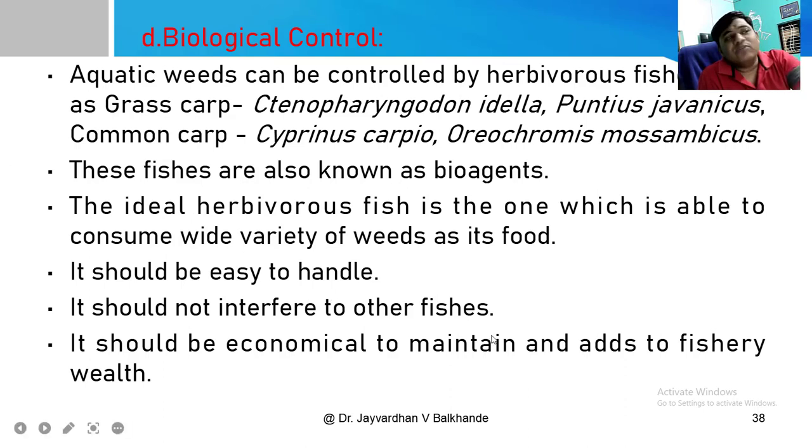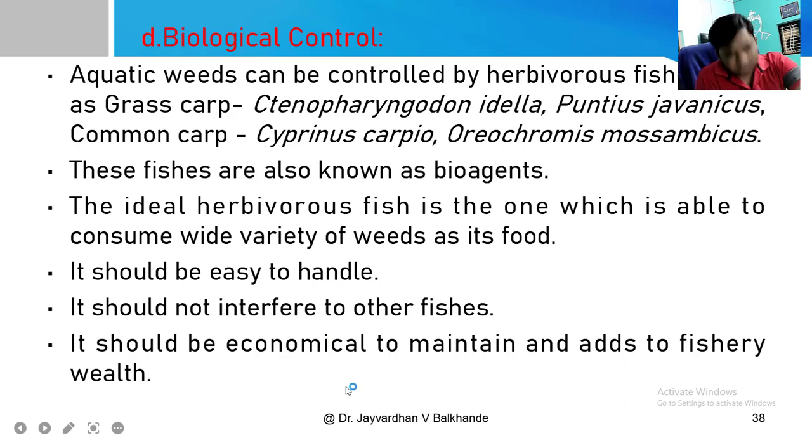Okay, and the ideal herbivorous fish is the one which is able to consume a wide variety of feed as its food. So not only a single type of feed, but a wide variety of feeds. Okay, and it should be easy to handle.